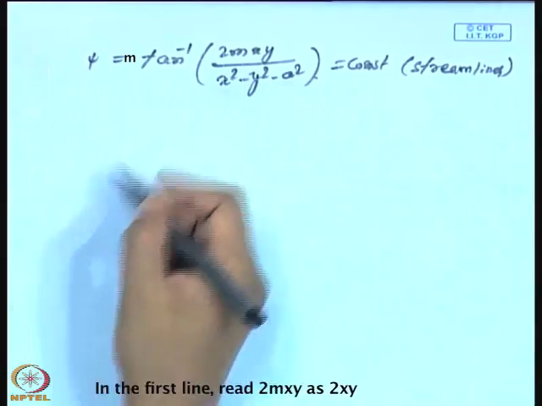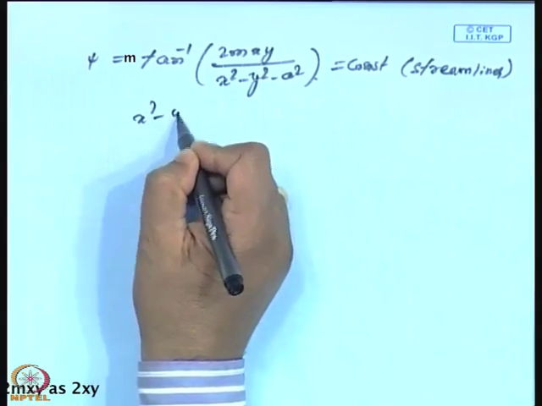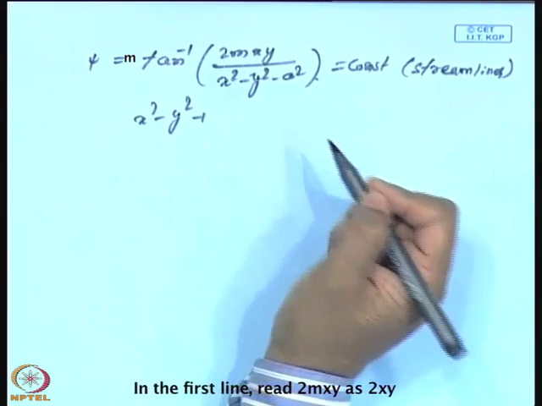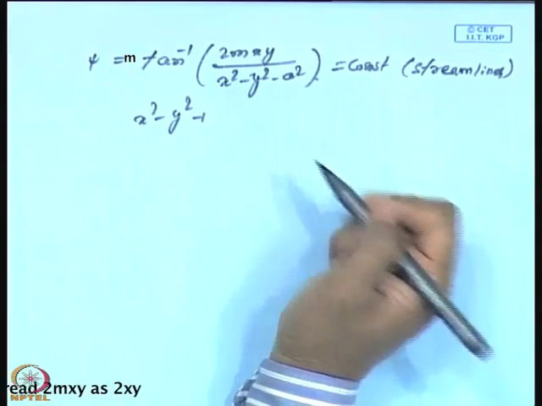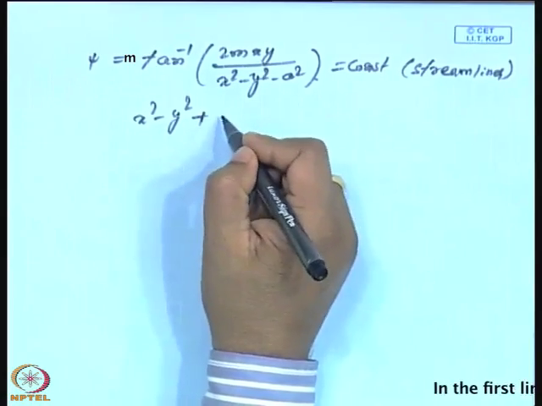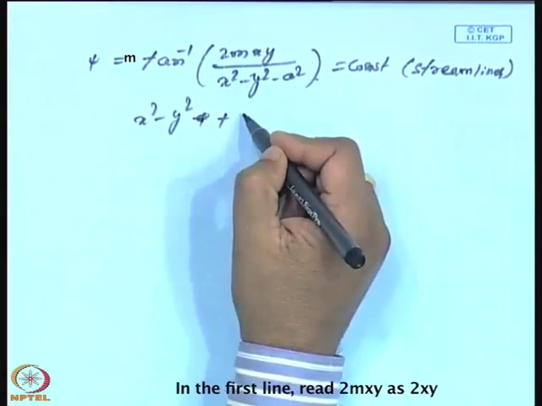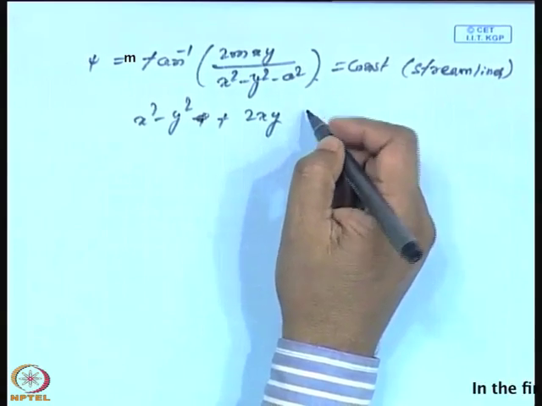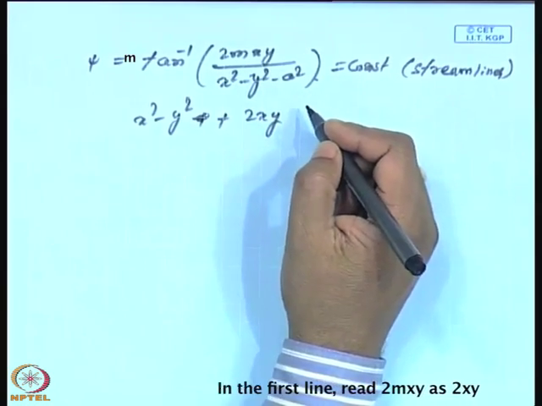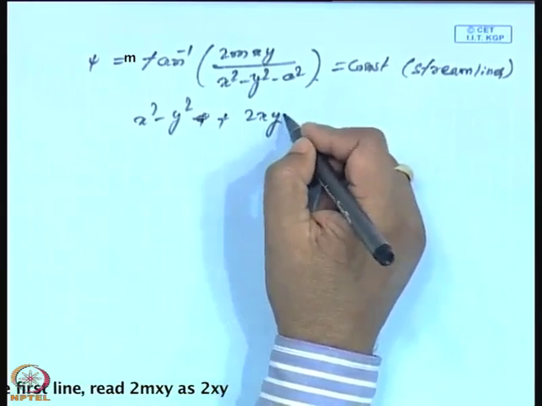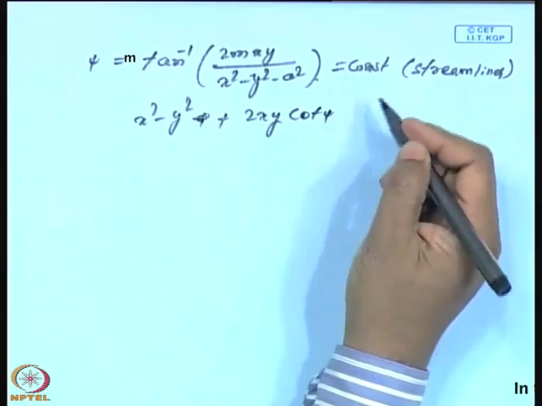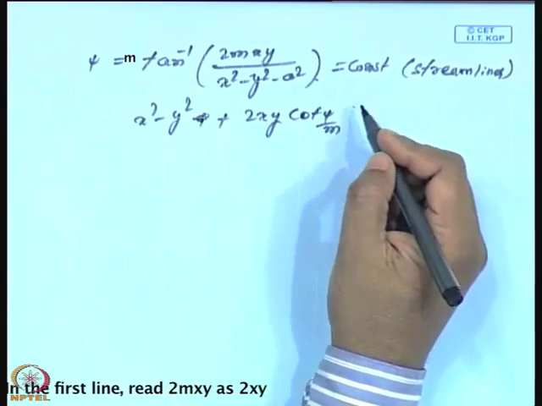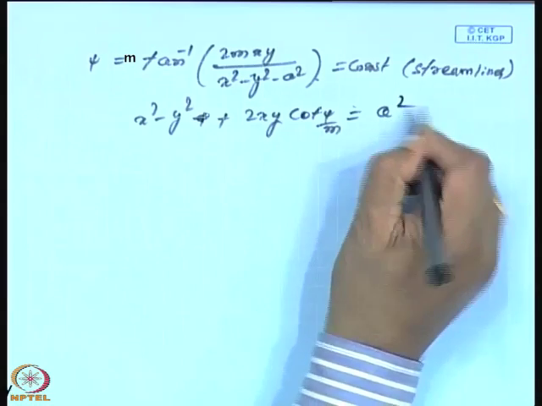And if I further simplify this, I will get x square minus y square plus 2xy cot psi, if I take m as 1, or rather cot psi by m, and that will be equal to a square.